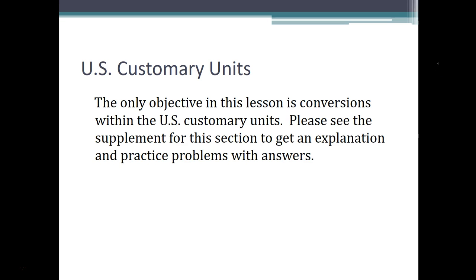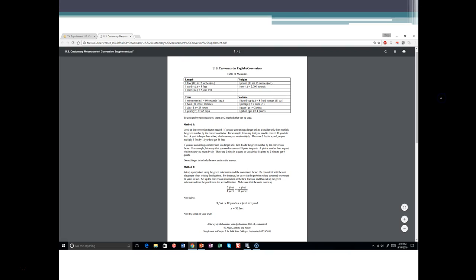So we're going to be just working on conversions within the U.S. customary units. The title in the book of this lesson is dimensional analysis, which usually means you're converting from English to metric or metric to English, where you're converting between systems. But we're just going to stay within the customary measurement system here for our conversions. So we're not actually doing dimensional analysis.